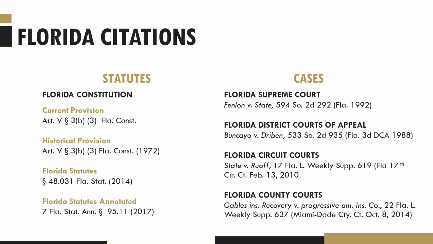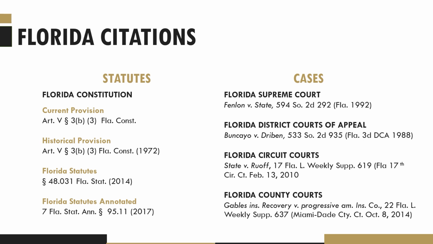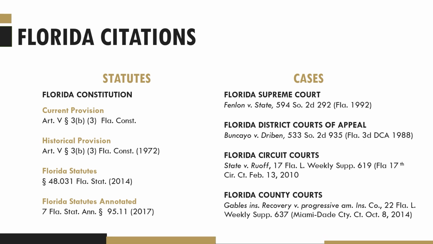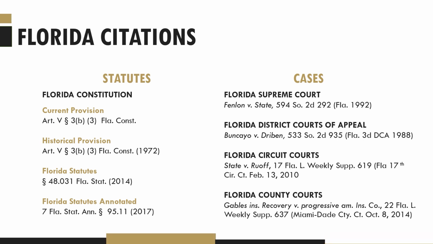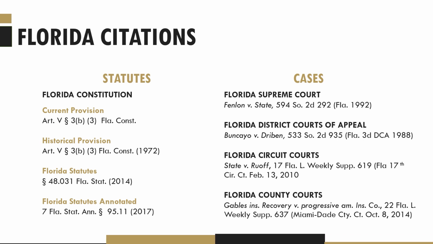Then you would have the symbol section, those two little squiggly double S's. And after that would be the actual section number, in this case 3(b)(3), Fla. for Florida, Const. for Constitution.